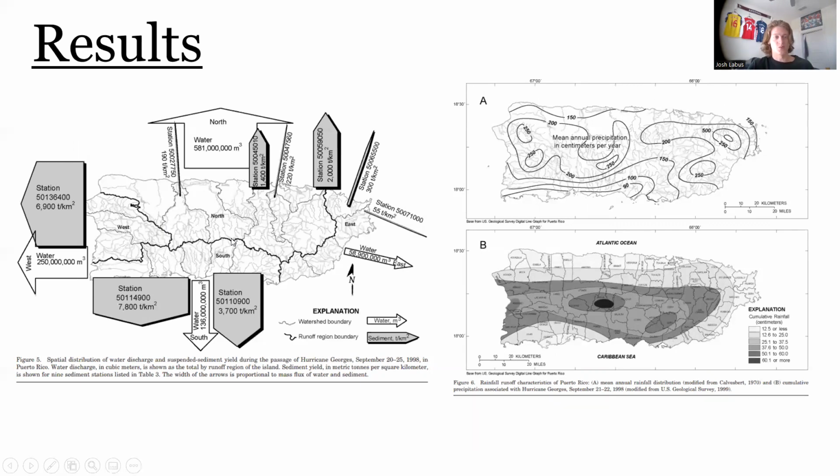The main watersheds in Puerto Rico are split into the north, east, south, and west. So water is going to flow from central Puerto Rico, and depending on the watershed, it's going to flow to either the north coast, the east coast, the south coast, or the west coast. That's kind of showing the dividing lines.